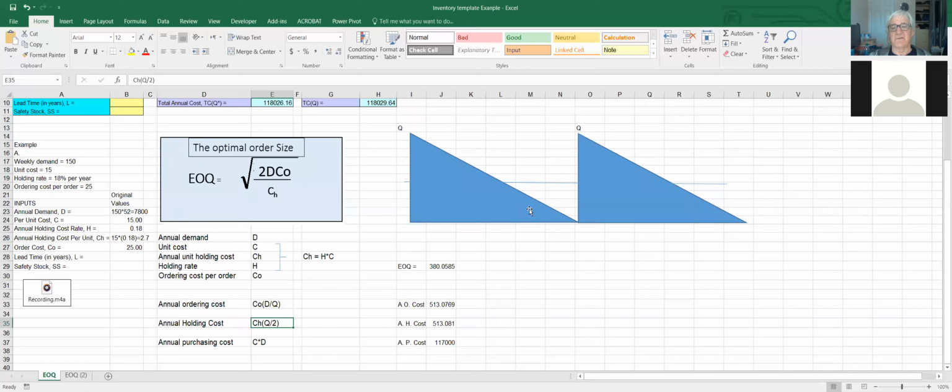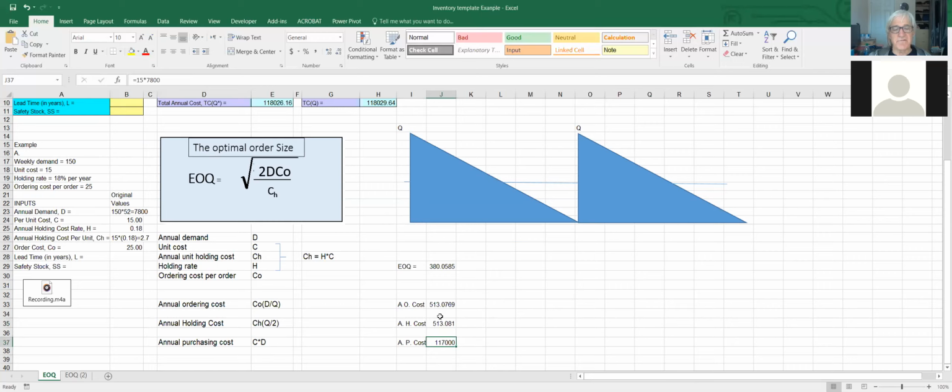Overall, when you multiply by Q over 2, you get the correct annual holding cost. In our case, you have C sub H, as I said, H times C, 2.7, times the order Q divided by 2. These two values are very close to one another. I'll go back to this point in a minute.